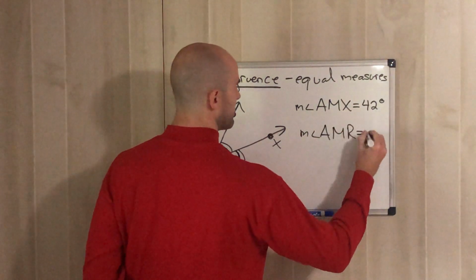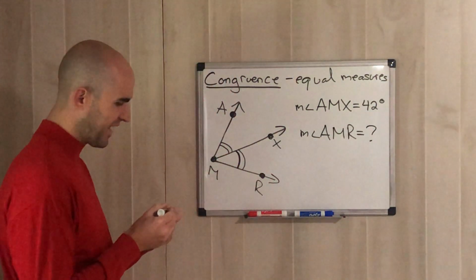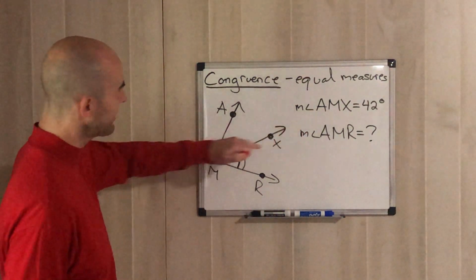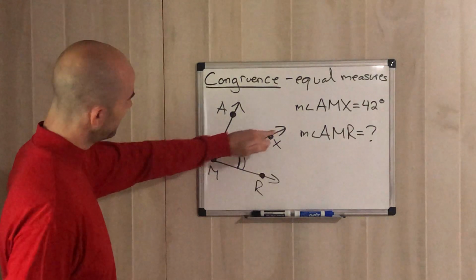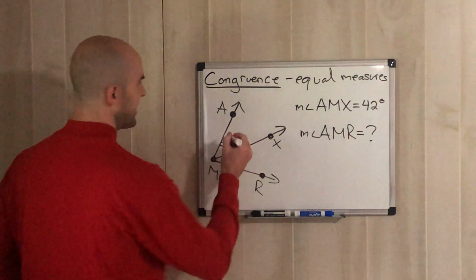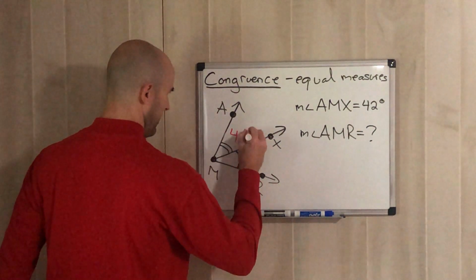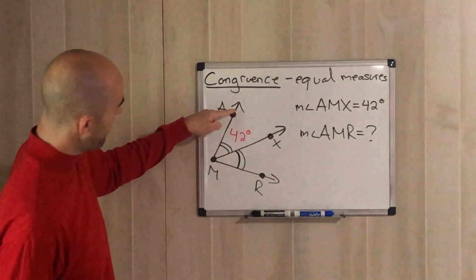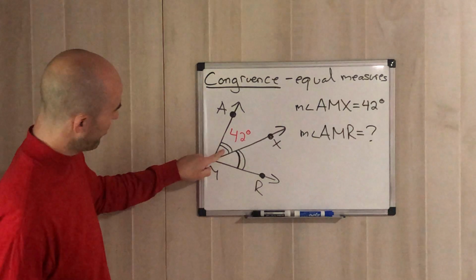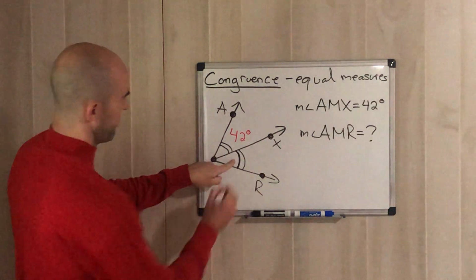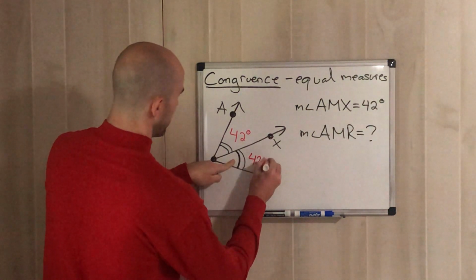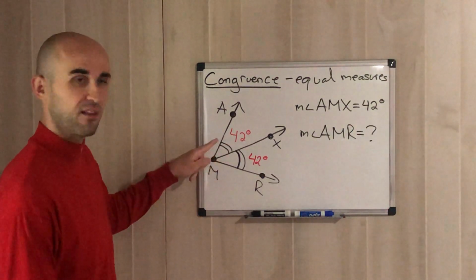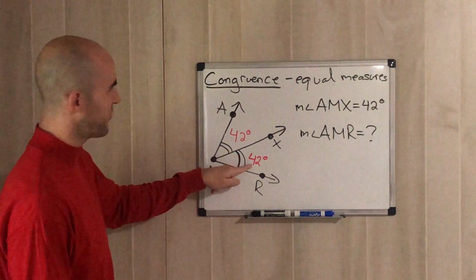Looking at the information we know, this angle is 42 degrees. Since that's 42 degrees, this has got to be 42 degrees too, because that has two curves, which means they're congruent. They're the same thing. So if that's 42, that's 42.